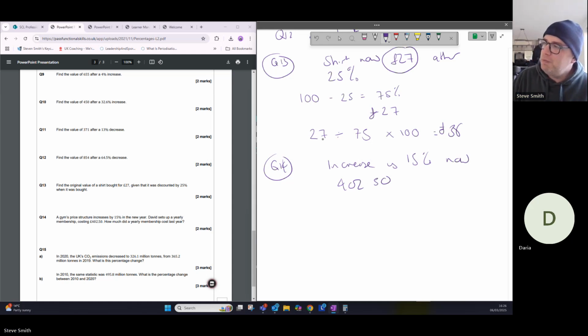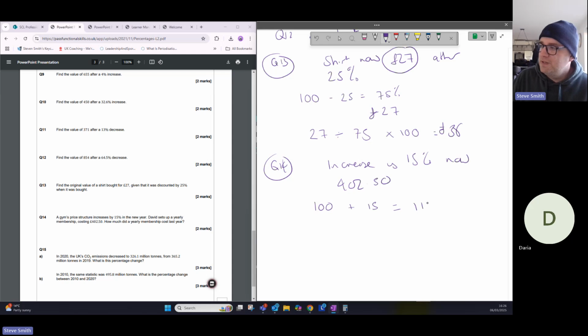So what did we do here? We looked at the discount of the shirt was 25%, so we worked out that the value of the shirt was now only 75% of its original worth. This is the opposite. We've got our membership, which was something we want to find out, and it's added on 15%.